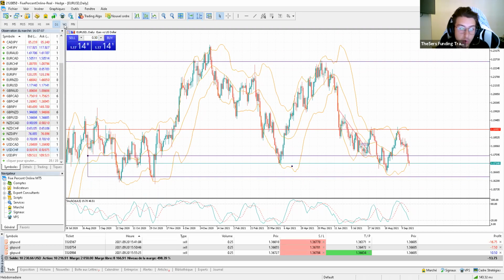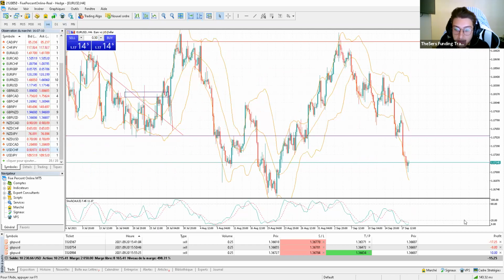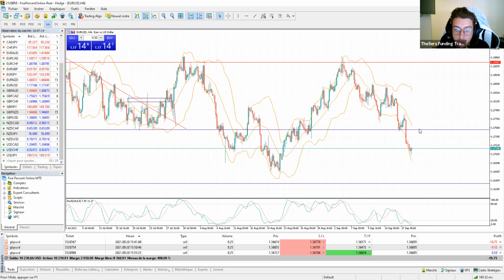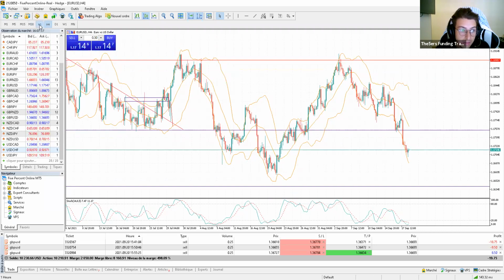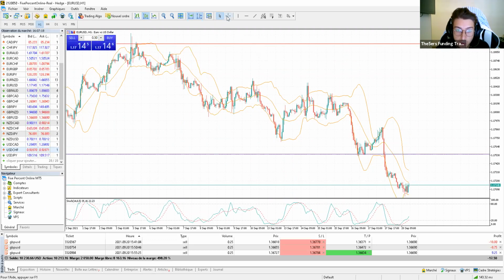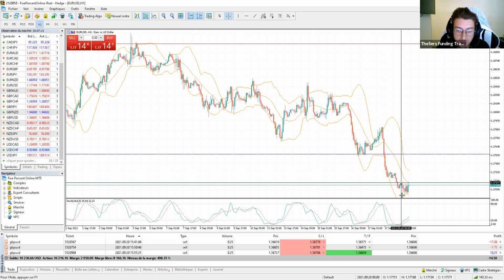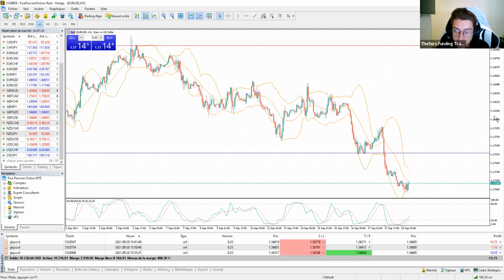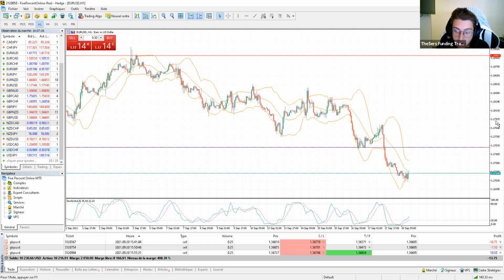I believe on a daily basis there is not much to make. The market is already on a downtrend. If you look at the hourly basis, the market is not volatile. It's like 10 pips up and down.